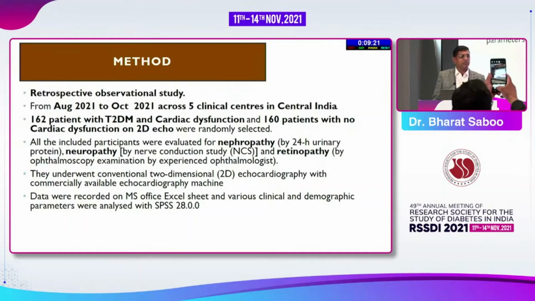All the participants included were evaluated for nephropathy, neuropathy and retinopathy by the standard means, and then they underwent conventional 2-dimensional echo done by commercially available echocardiography machines. Data was recorded on MS Excel sheet and analyzed using SPSS software.